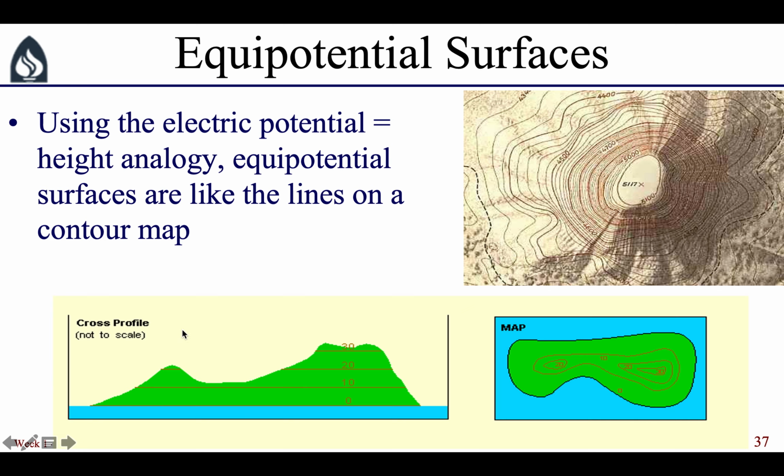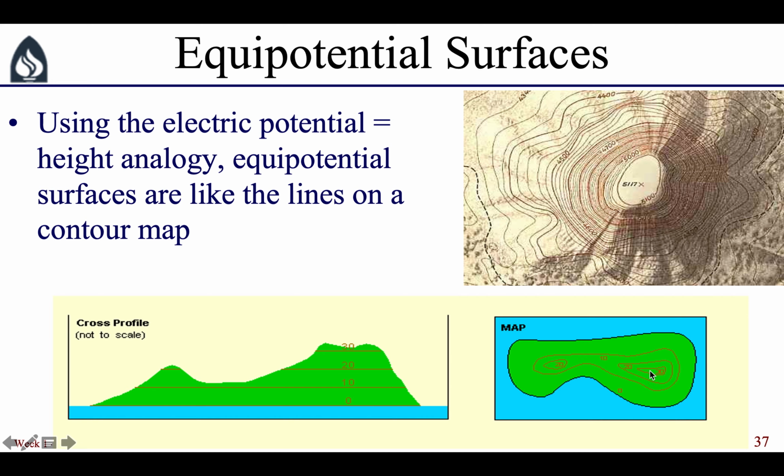So let's say we have an island here, and we can see where these lines of constant height are located. If you draw a bird's eye view of this island using this contour map technique, these lines will show you where the height is constant, and then you can see where the height increases to the next marker.